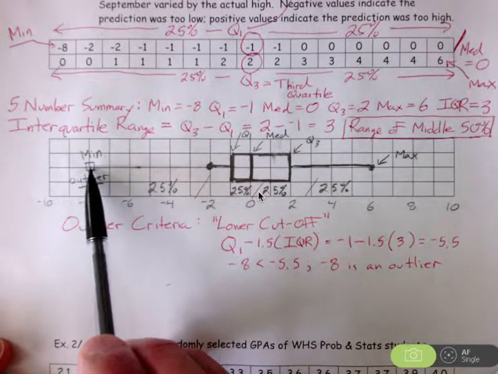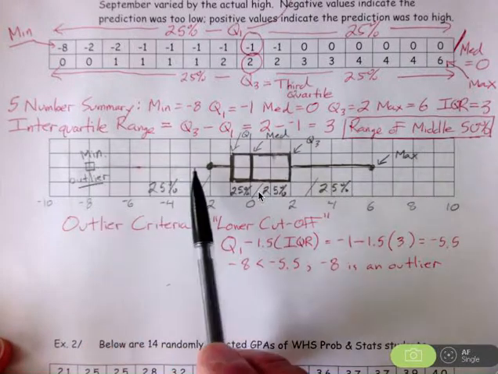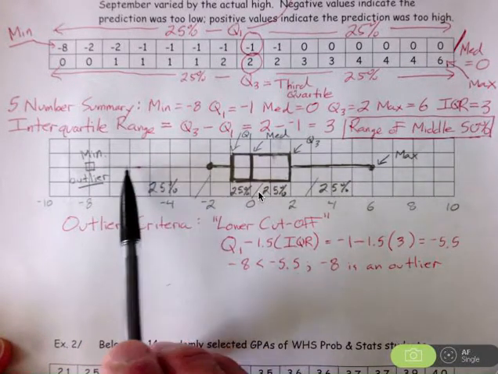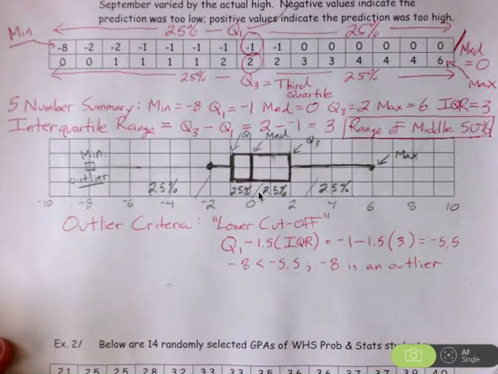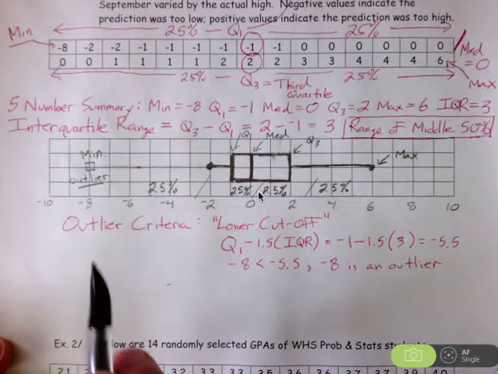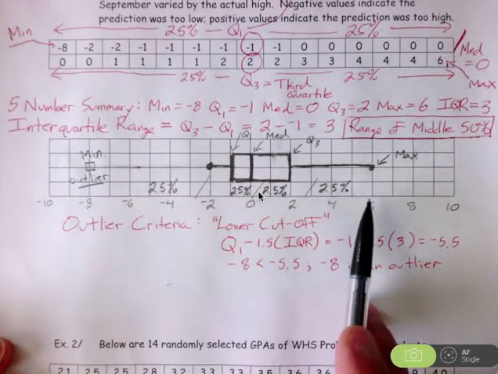The -8 was very far to the left. The next lowest value was -2. Having that really long whisker there was misleading. So this is a better representation of the actual spread of the data. I get a better idea of where the values are positioned within the range of -8 to 6.